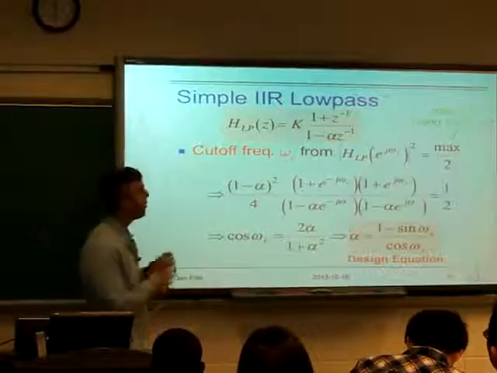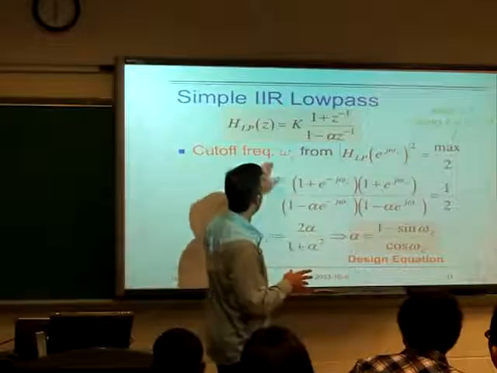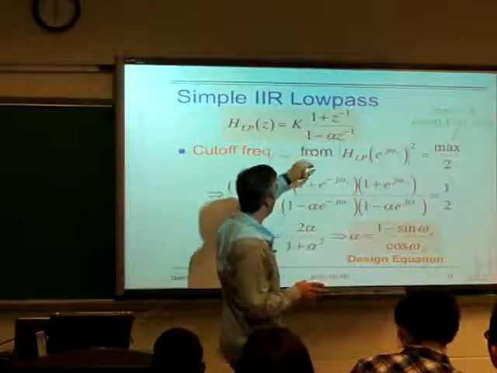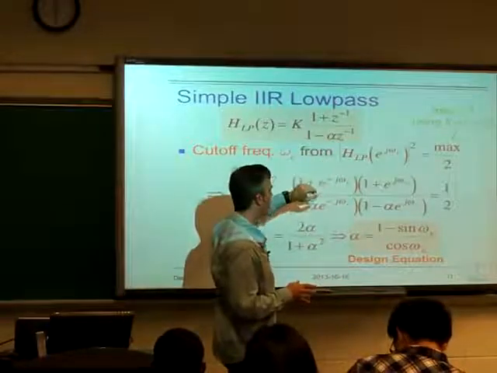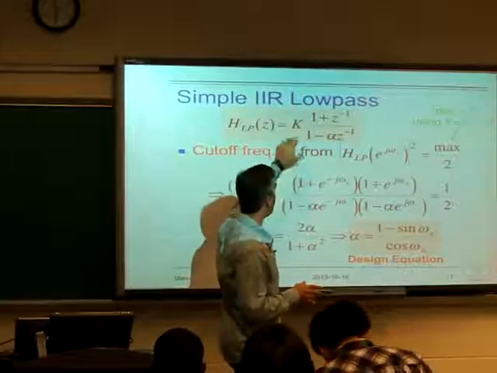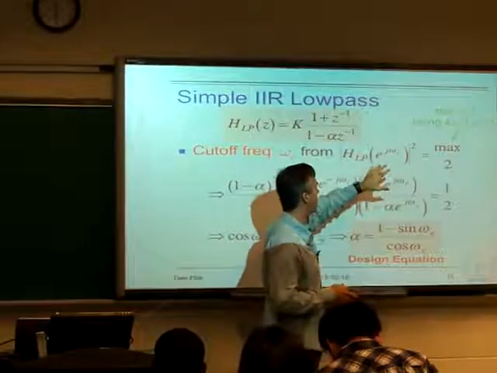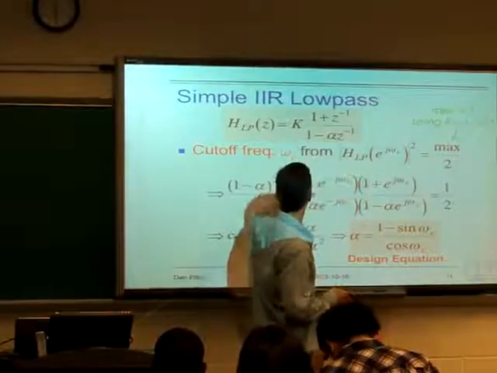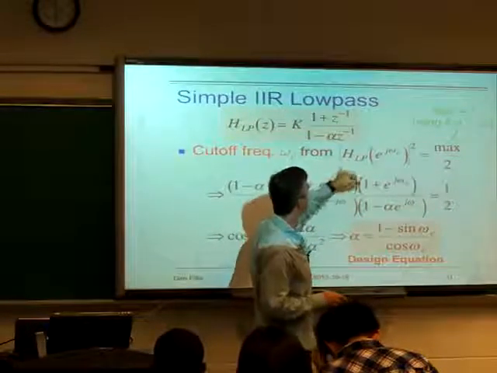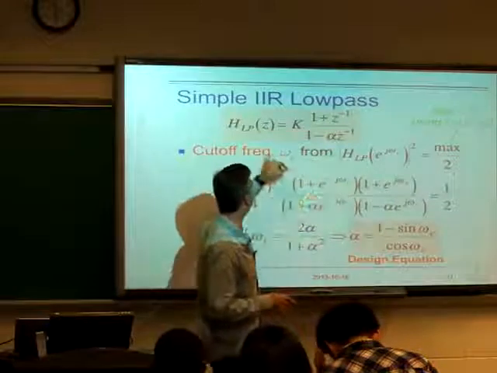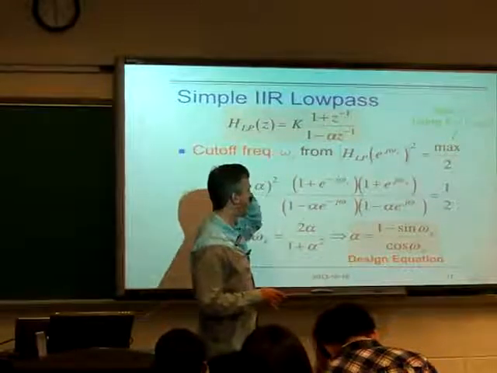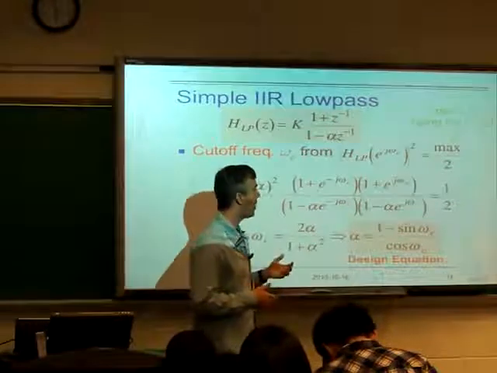But here's the nice thing, right? So here's our equation. If we want to calculate the cutoff frequency, we can plug in the magnitude response equal to the maximum on root 2. The maximum is going to be 1 if we use our k as specified. To get this magnitude squared, we can just multiply the complex gain by its conjugate.